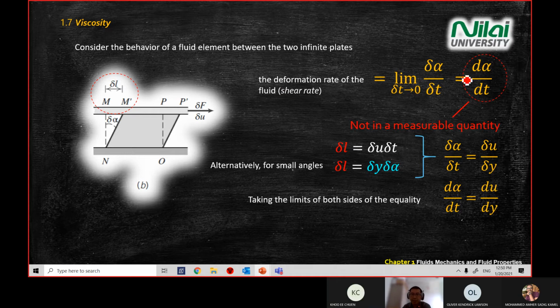Because your alpha is very hard to measure, your shear rate can be defined as velocity divided by the change of the height y, du over dy. This is your shear rate. Okay, first equation for today: shear rate equal to du over dy. So it's important you understand why we can use du over dy to calculate the shear rate or deformation of fluid. It originates from the focus on alpha.